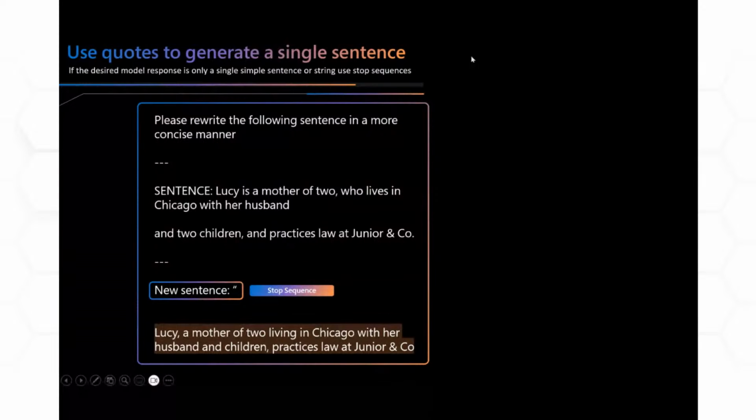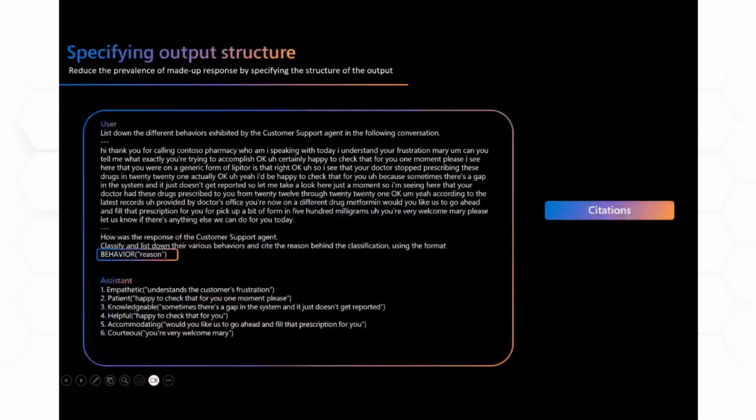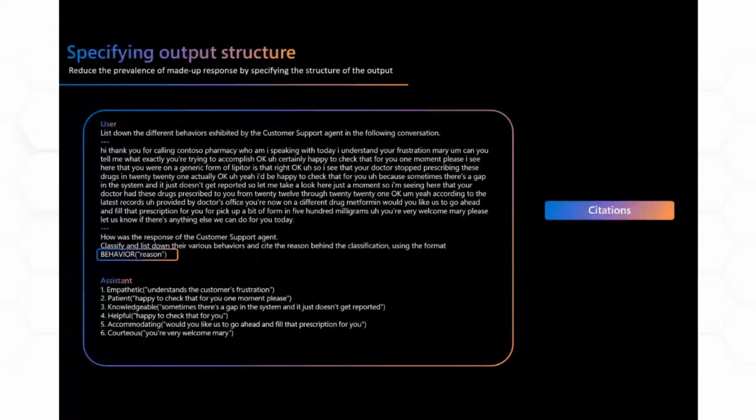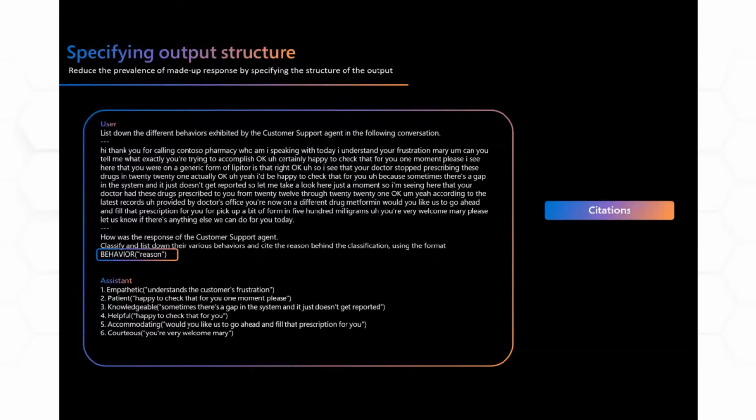Another thing you might want to do is get a specific output format that you desire that is custom. So in this case, we're telling the model, list down the different behaviors exhibited by the customer support agent in the following conversation. We're giving it a conversation between 3 dashes.